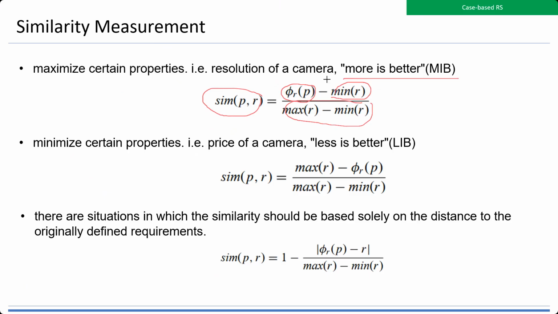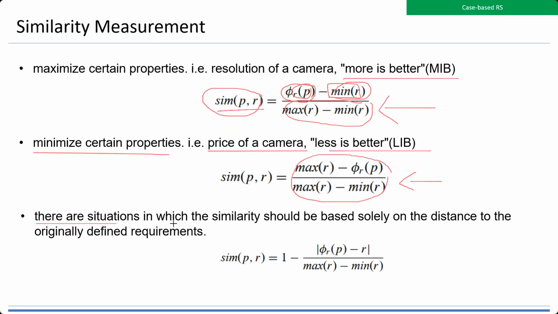We want to check the requirement based on some options in the product. To minimize certain properties, for example, the price of a camera, I have less is better. So this is the formula. If you know about normalization, the idea of this formula is similar to normalization, but we are looking at the similarity.